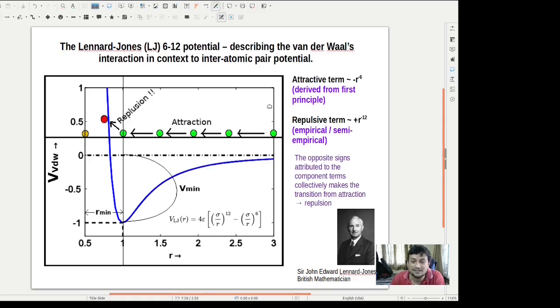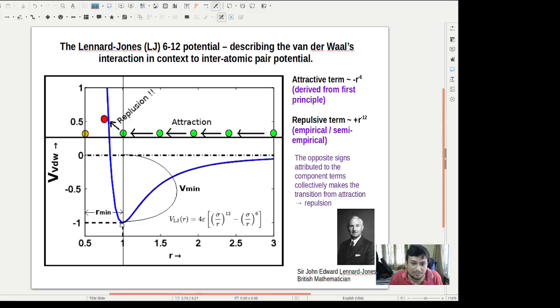The attractive term can be derived from first principles from the induced dipole interaction, but the repulsive term is purely empirical or sometimes semi-empirical. People have also used other exponents and found some results. So the potential drops as a function of R as you approach closer and closer to the other hydrogen atom, which is static, up to a certain extent, which we call the Van der Waals distance of these two atom pairs, or also the Van der Waals radius of one individual atom.